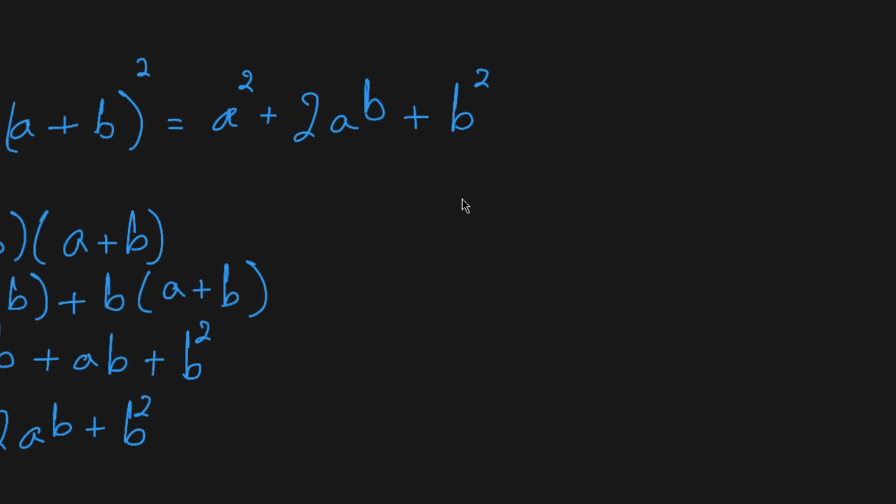So let's say we have a binomial which is x plus 3 whole squared, and now we want to find the square of this binomial using the formula directly.